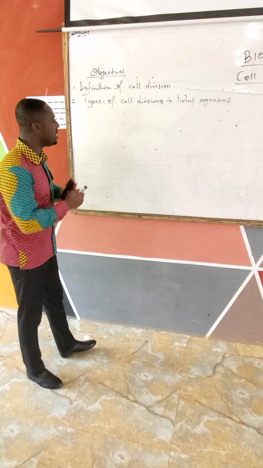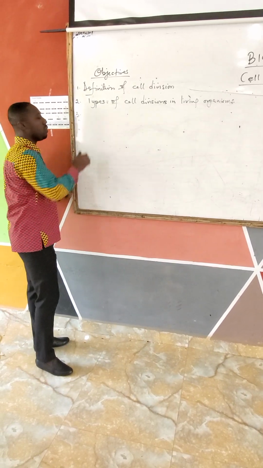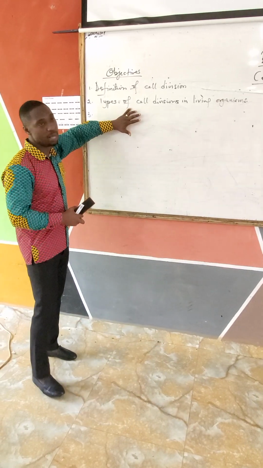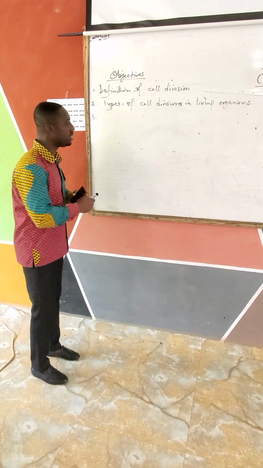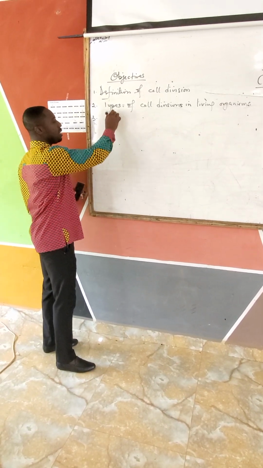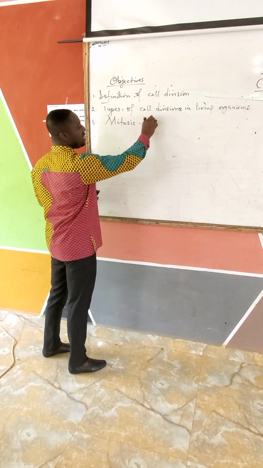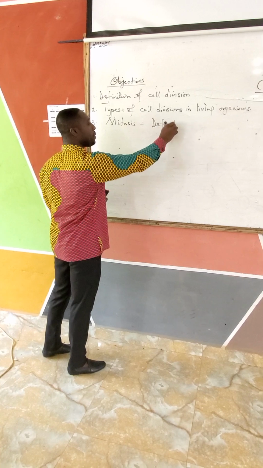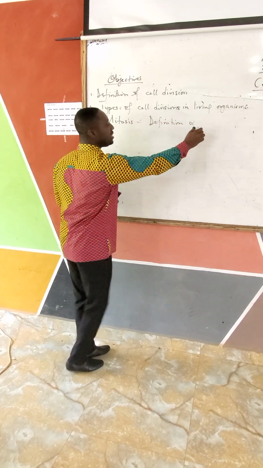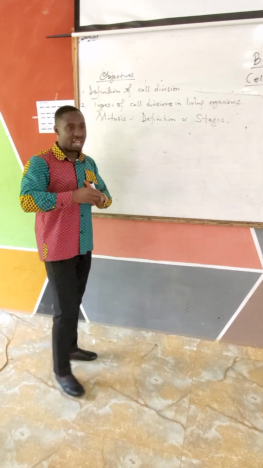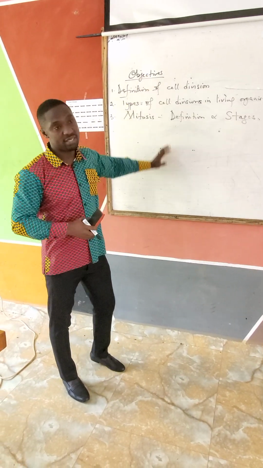And then finally, we will zero in on one of the types of cell division this morning. We will look at mitosis. That is the definition and the stages. So these are our objectives for today's lesson.